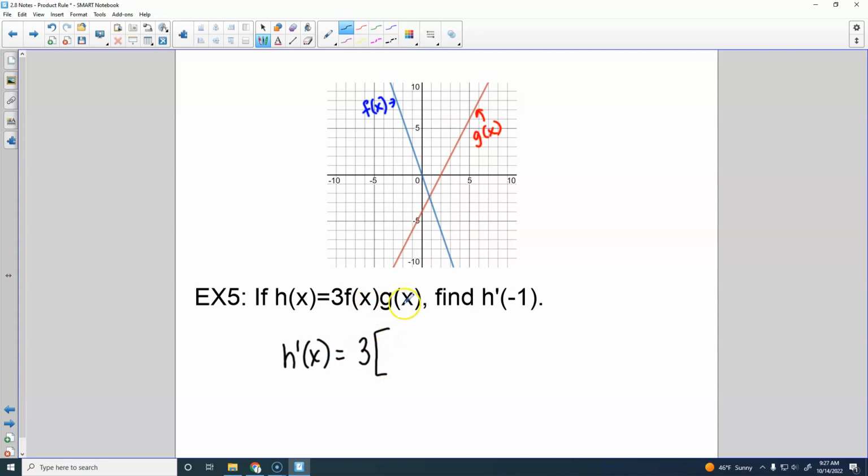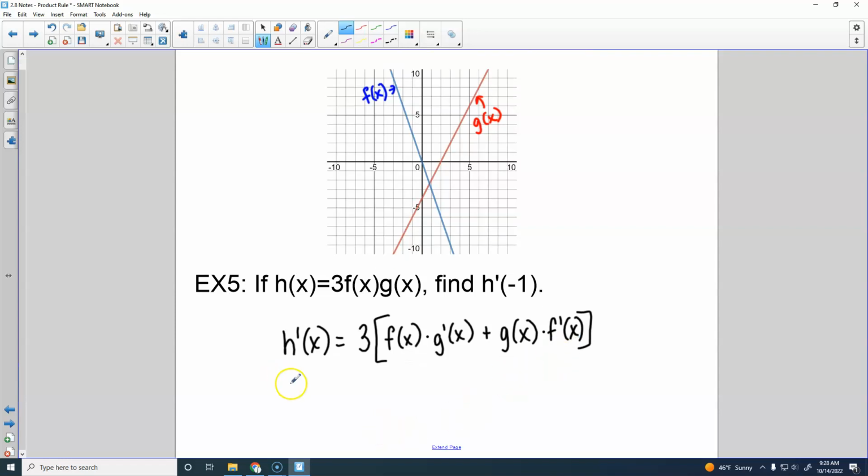And so you're basically just writing down the product rule here, right? Because you're going to have f of x times g prime of x plus g of x times f prime of x. And you can distribute the 3 if you want, or you can just leave it out front. Either one is fine.